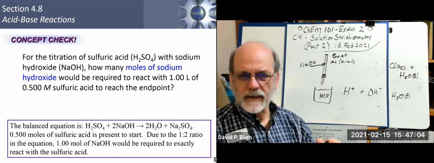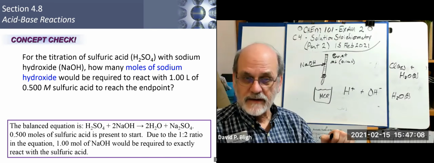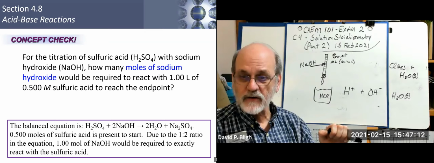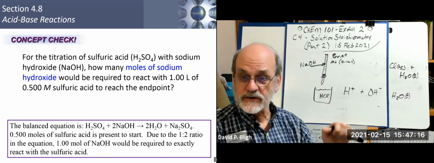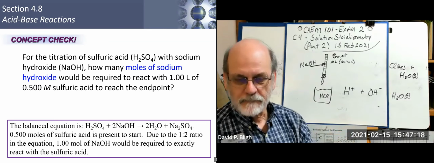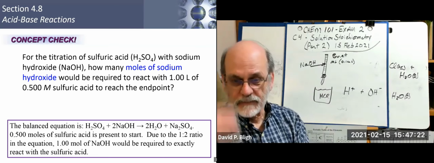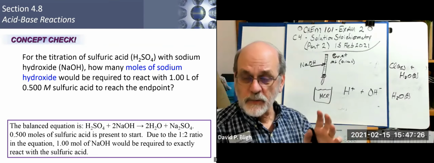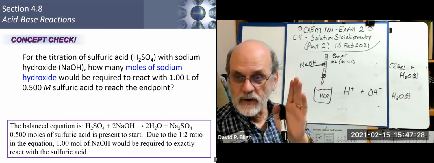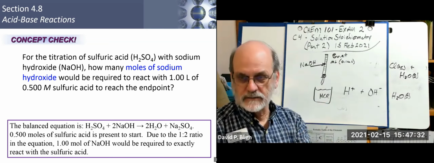Okay. So for this titration, sulfuric acid with sodium hydroxide, how many moles of sodium hydroxide would be required to react with 1 liter of 0.5 molar sulfuric acid to reach the end point? Okay, and the end point is an approximation of the equivalence point. The equivalence point is just what it says. The equivalence point is when the number of protons is equal to the number of hydroxyls.